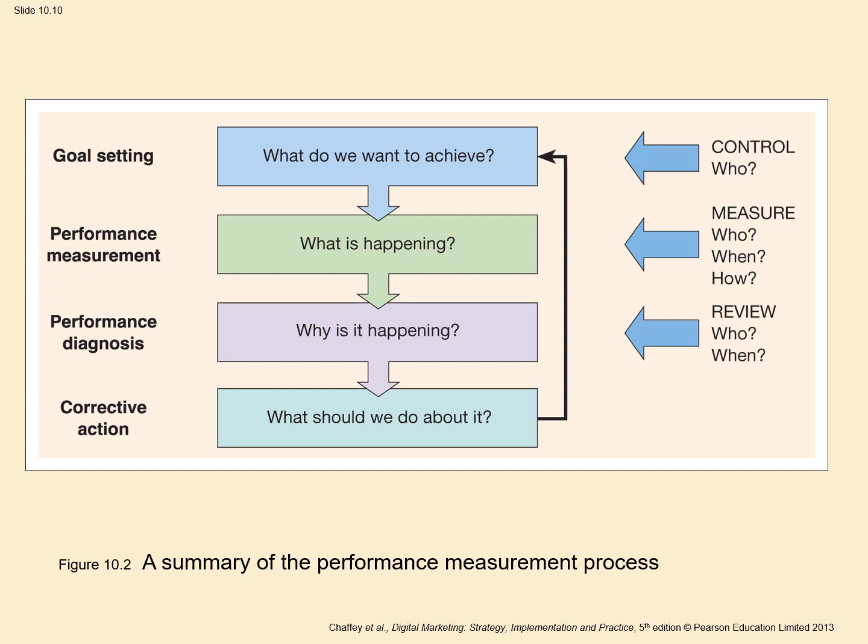Goal setting means that the company should set goals for why they need to do performance management. After that, we continue with performance measurement itself. After they know what they want to achieve, they have to create something to help them measure: who will be responsible, when it will be done, and how they are going to do it. The third one is performance diagnosis, which is about why it is happening.